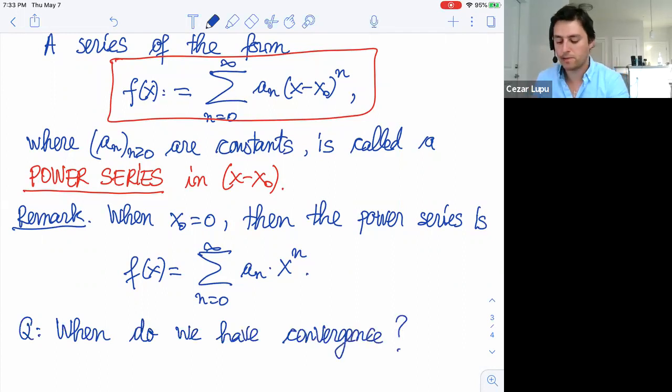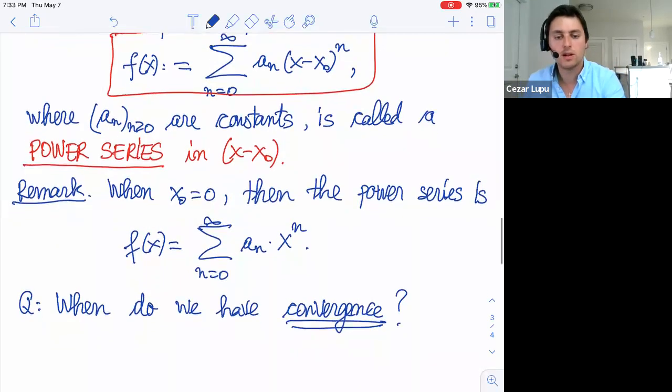That is the question. So we want to talk about convergence. And when we have convergence, I'm interested in what type of convergence do we have? In fact, I'm interested in uniform convergence, and how to determine this kind of convergence?